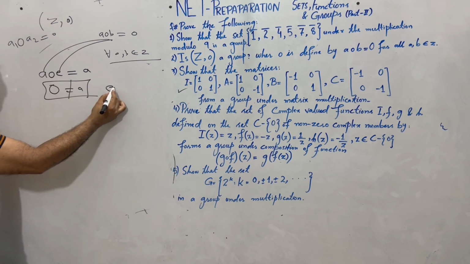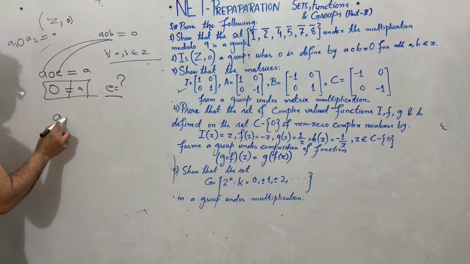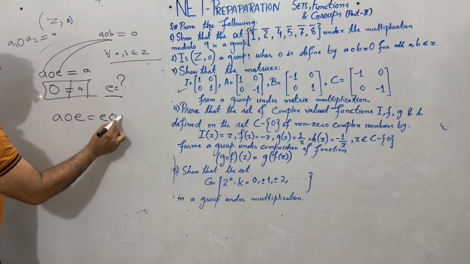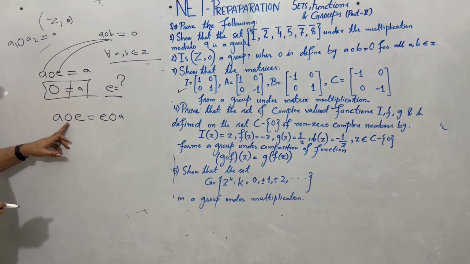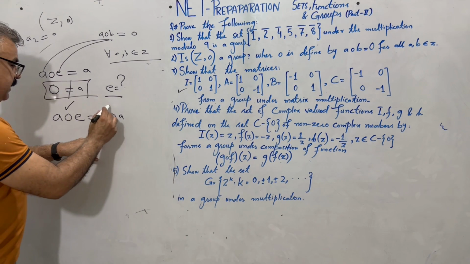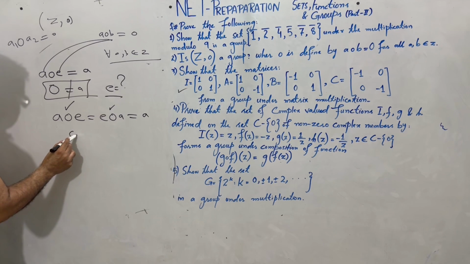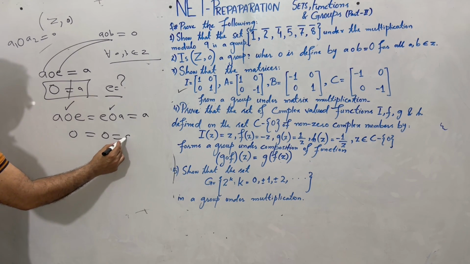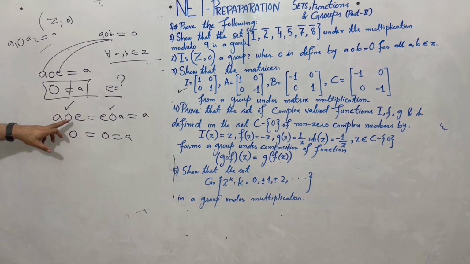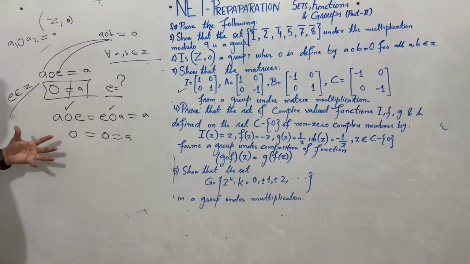We are not in a position to find identity, because the definition of identity is that a operated with e, or e operated with a, always results in a. But here it results in 0, which is equal to a. So we are not in a position to define e properly. Number one, e does not belong to Z. We are not in a position to find e.